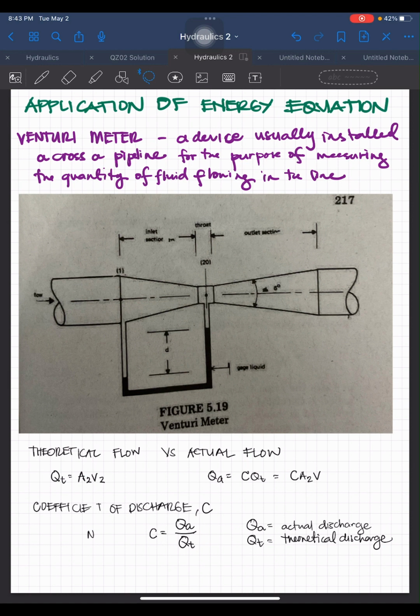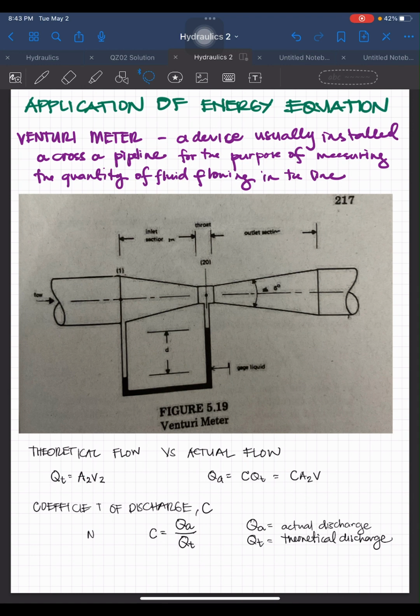So if you see something like this in the problems or in actual, you are familiar with that. A venturimeter is composed of three parts: a converging inlet section, the throat, and a diverging outlet section.